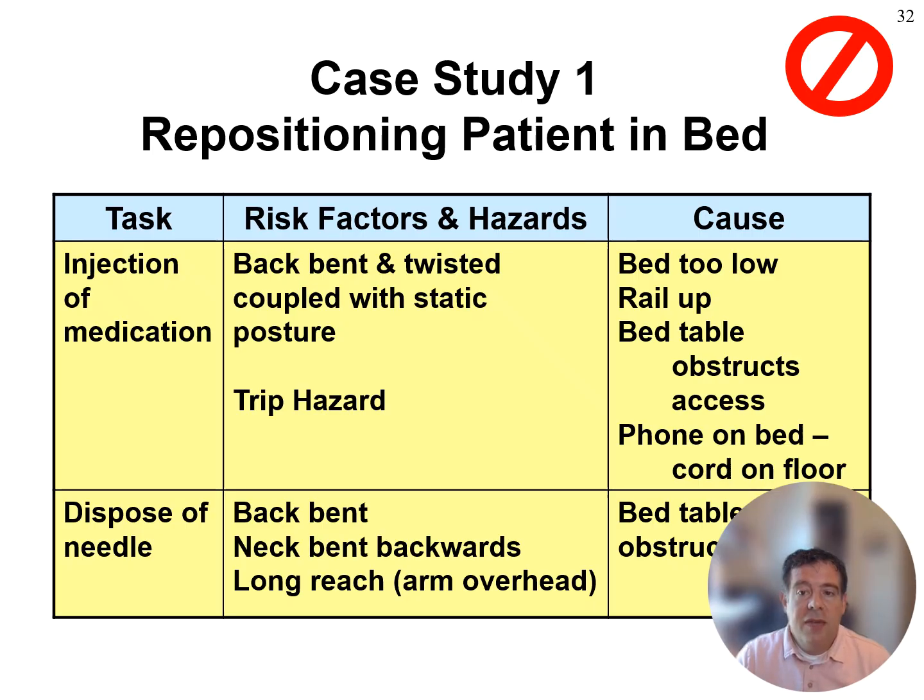Looking at if the bed is too low, that could cause them to bend even further, right? Or if there's a railing, that could be an obstacle. We did a study about the optimal bed height. There's a progression right now for aides to actually put the beds as low as they can go.